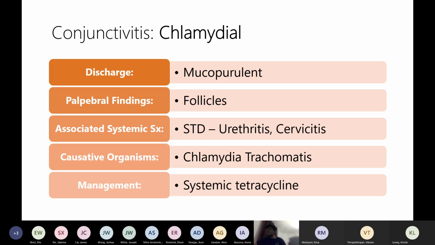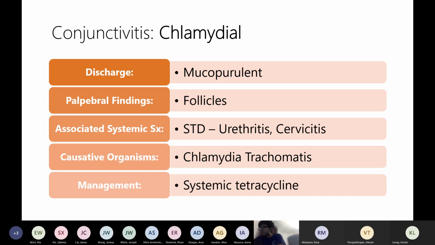Associated symptoms, right? With chlamydial conjunctivitis, what other symptoms around the body might they have? The clue is in the cause. Yeah. So what symptoms are those specifically?